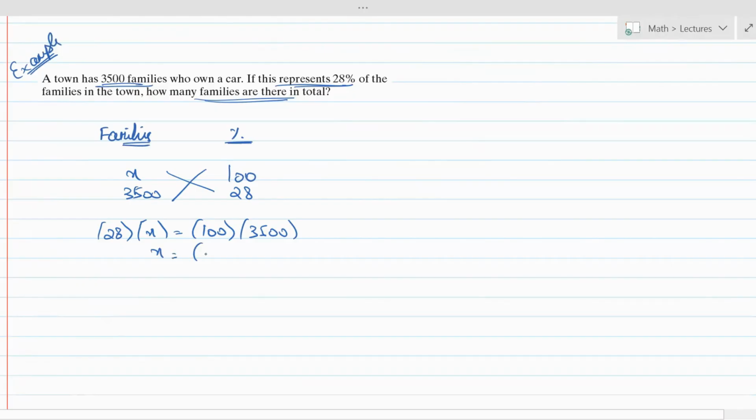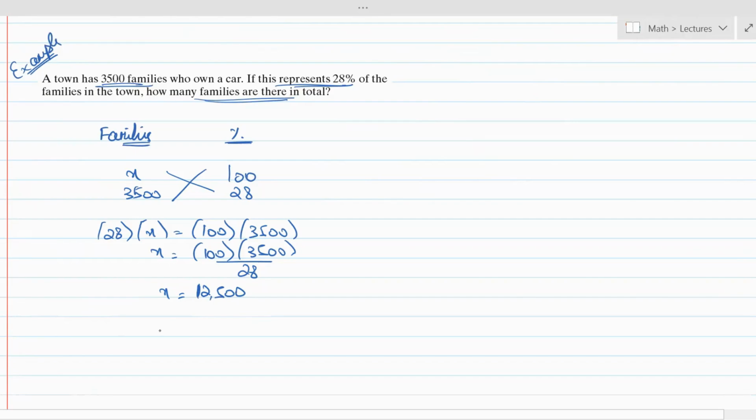So X would be equal to 100 into 3,500 upon 28. We get this as 12,500.